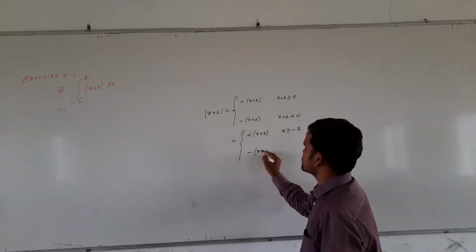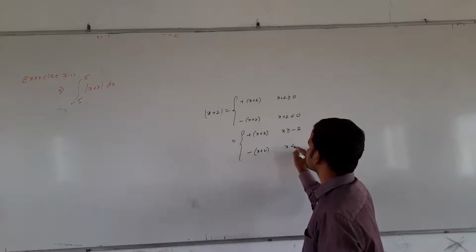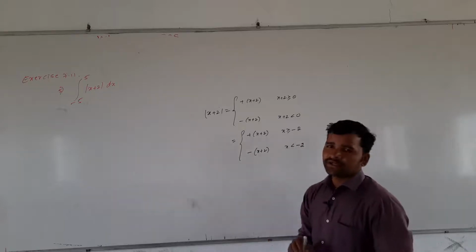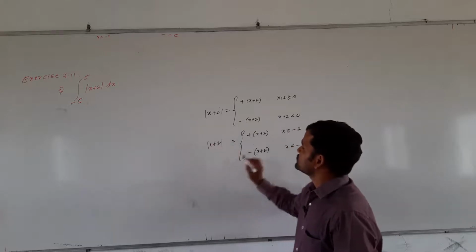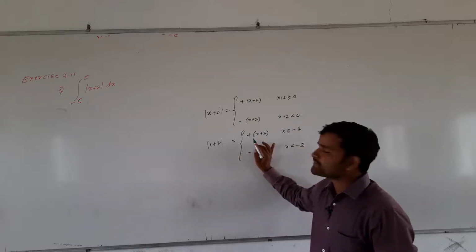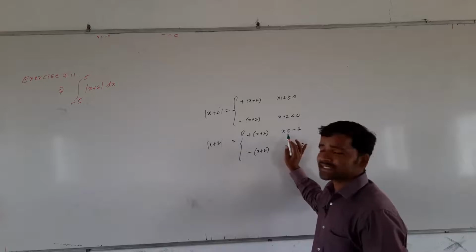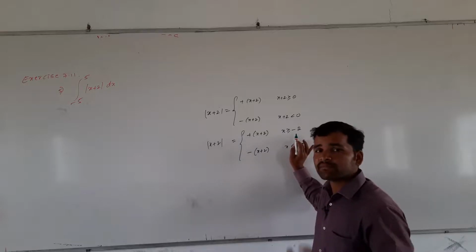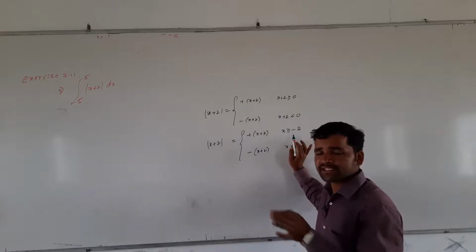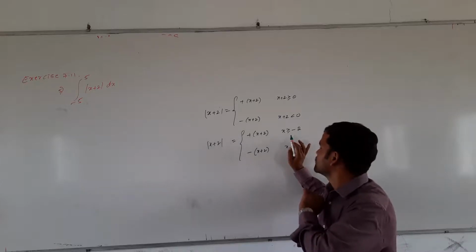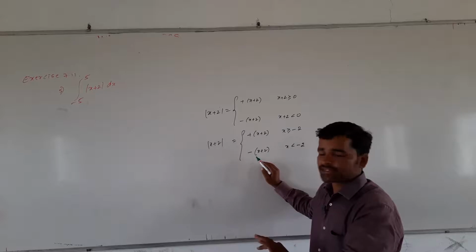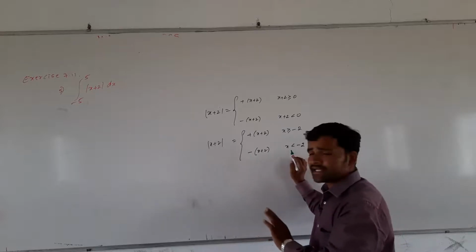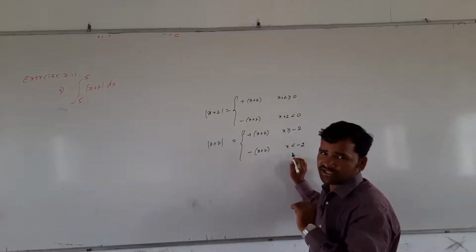This is minus of x plus 2 when x is less than minus 2. So modulus of x plus 2 is equal to plus of x plus 2 when x is greater than or equal to minus 2, means minus 1, 0, all those values will come. And modulus of x plus 2 is equal to minus of x plus 2 when x values are less than minus 2.